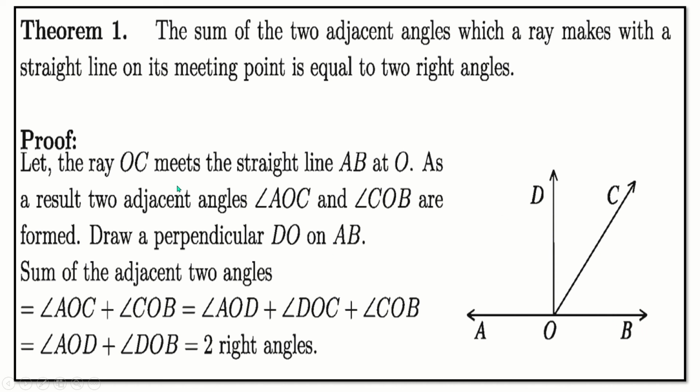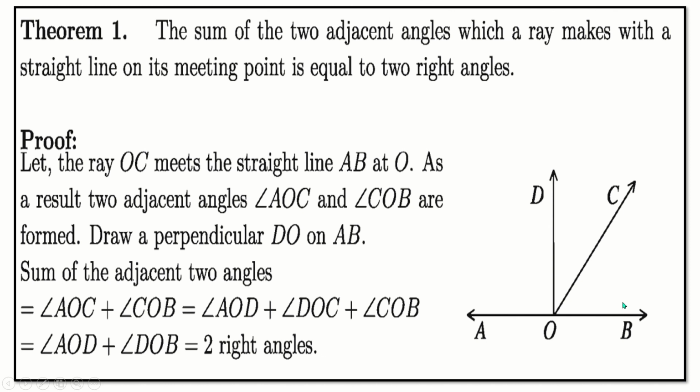Now follow the proof. Let the ray OC meet the straight line AB at O. As a result, two adjacent angles, AOC and COB, are formed.